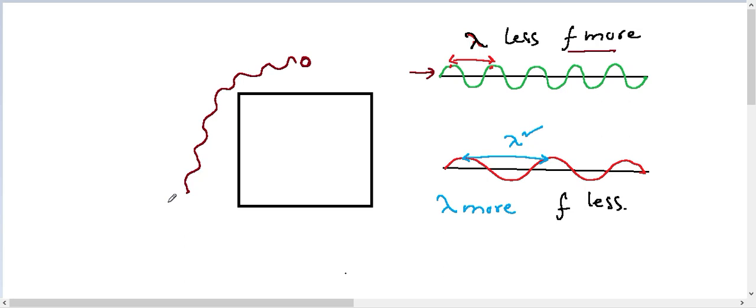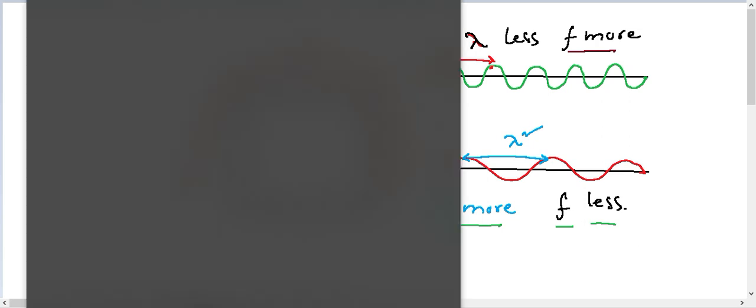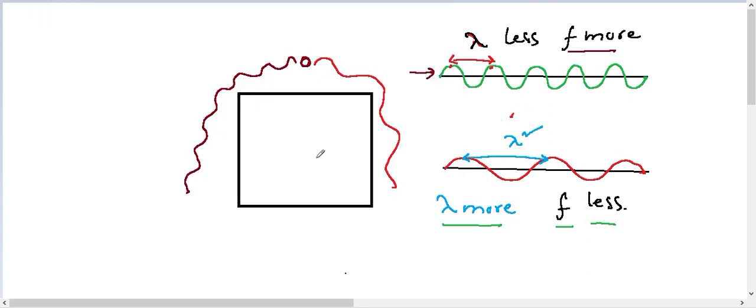But if this same sounding body is generating a wave of less frequency and more wavelength, for example, if I consider that this wave is going over here, remember that the angle of diffraction will be more. That is, this wave will be diffracted more. Up till here things are going okay.